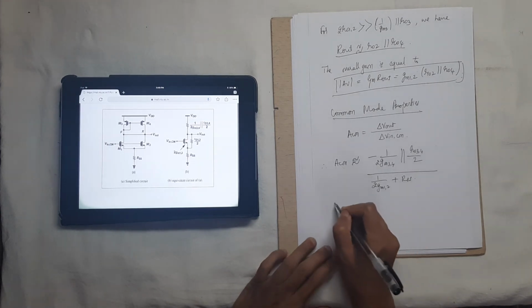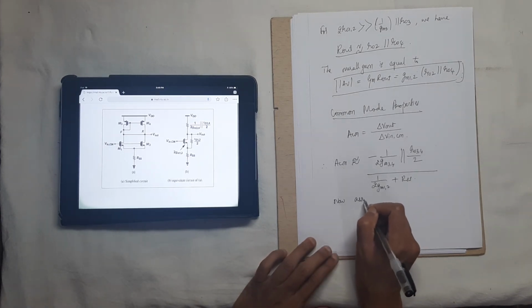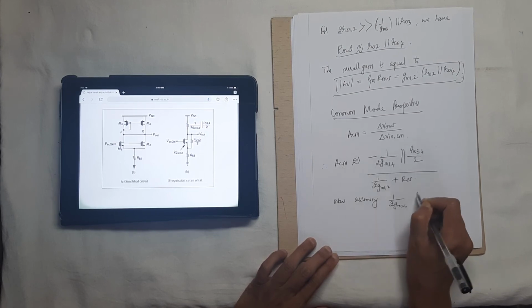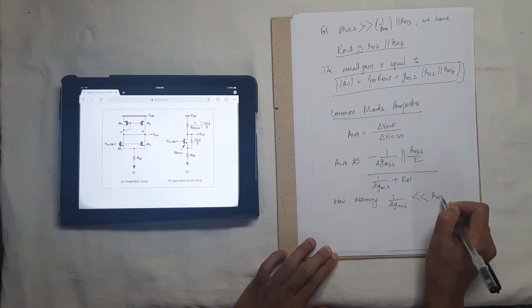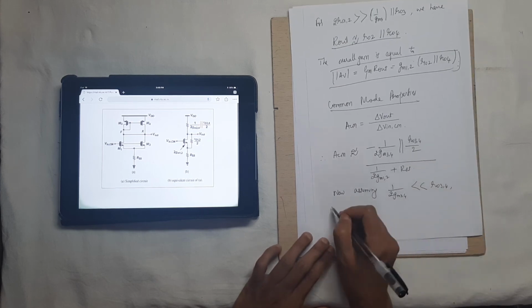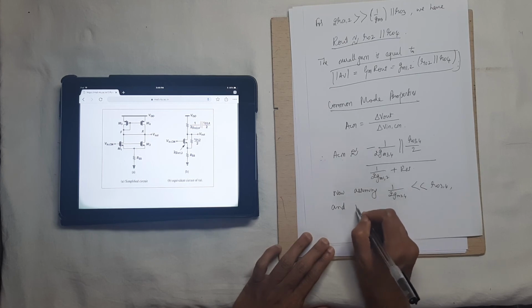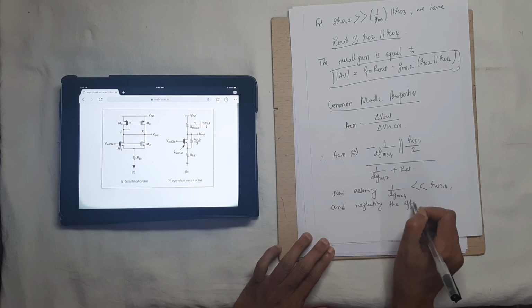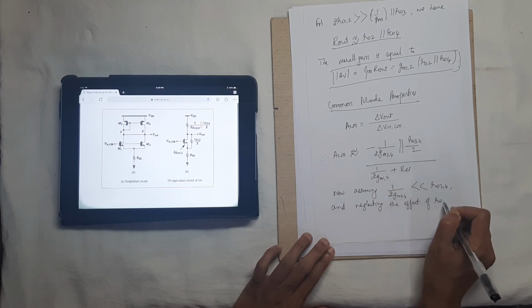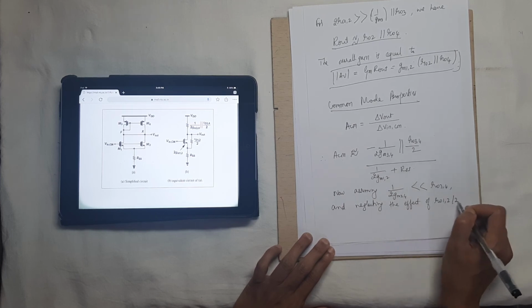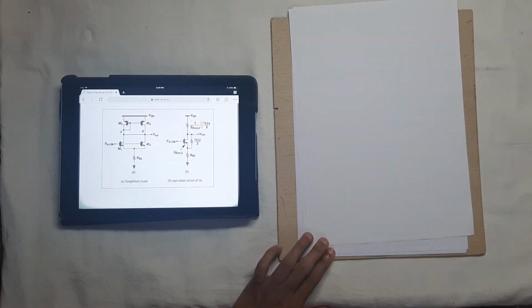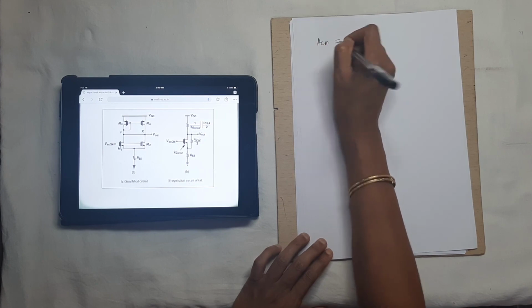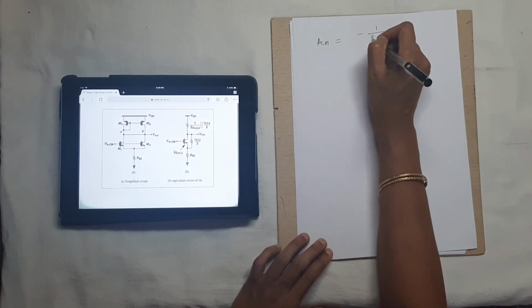Now assuming 1 upon 2 GM34 is very much less than RO34 and neglecting the effect of RO12 by 2, we can write ACM is equal to minus 1 upon 2.